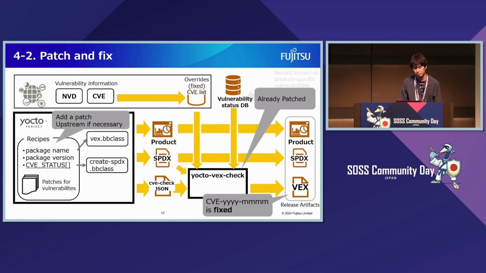This is the final step. The supplier applied a patch to fix the vulnerability and updated the Yocto recipe file. Then they did the same steps as in step 1 to make the product SPDX and VEX. This ends the example using the use case.